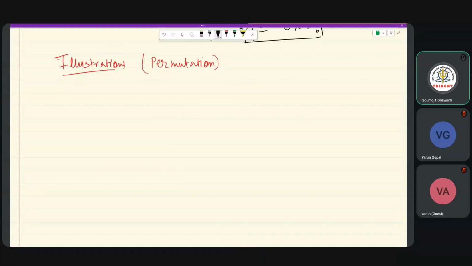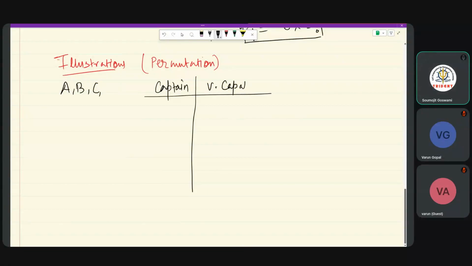Instead of using the names Ravi, Rajiv, Suresh, let's call the friends A, B, C. The same task remains. And what is the task? Among A, B, C, we need to categorize them as captain and vice captain. Let's do this manually.